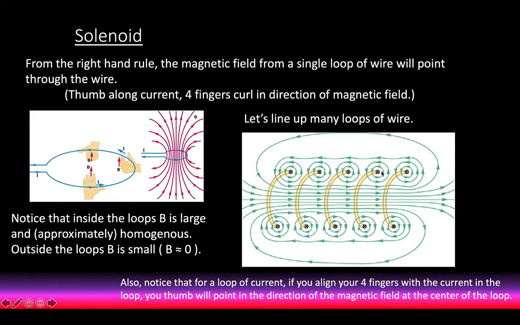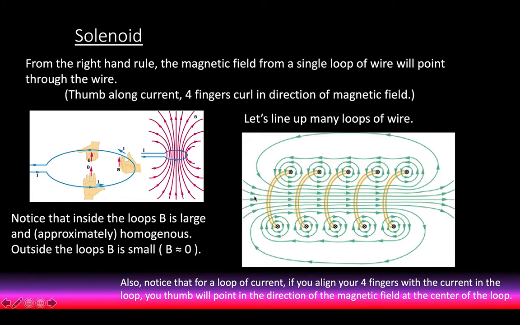If you wrap your four fingers, so your four fingers are coming out way up here, and going down, and going into the computer screen down here, you'll notice that your thumb points in the same direction as the magnetic field. So you could always have your thumb wrapped around the wire in the direction of the current and your four fingers wrap in the direction of the magnetic field.